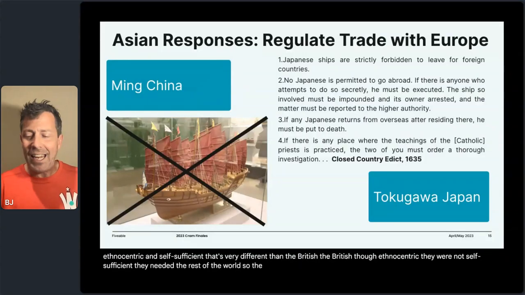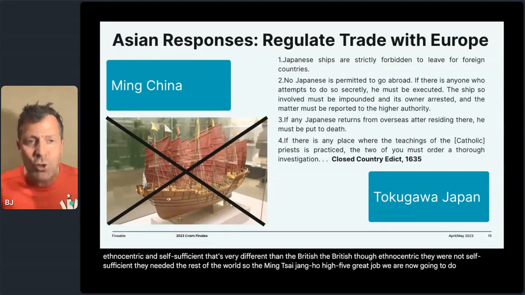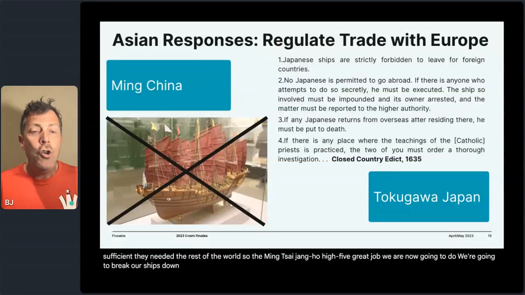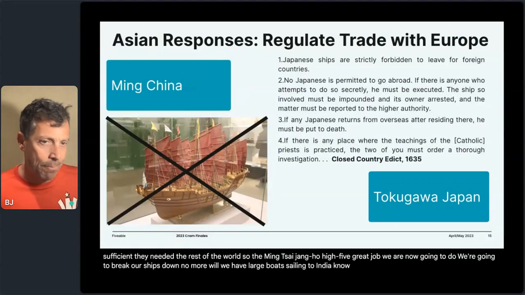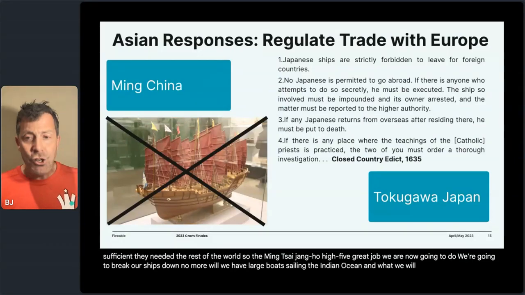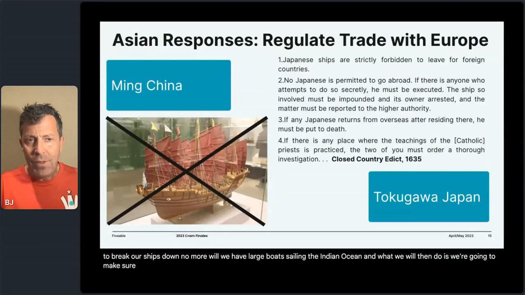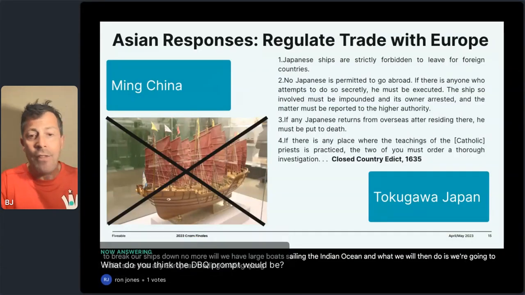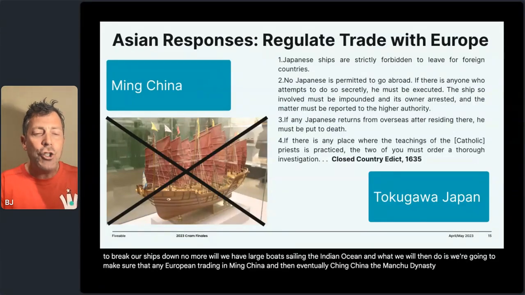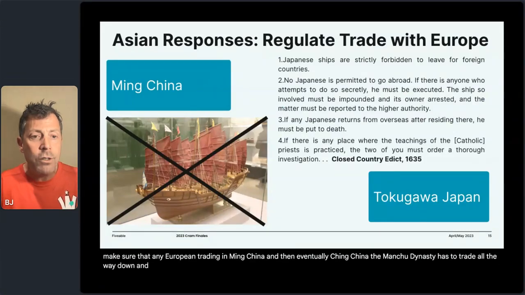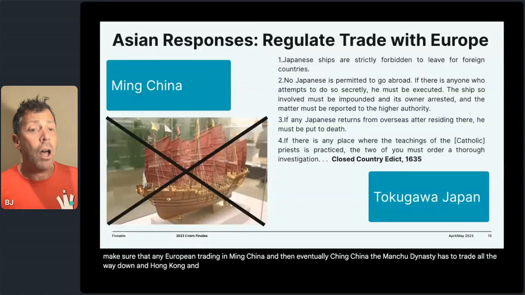They needed the rest of the world. So the Ming say, Zheng He, high five, great job. We are now going to dismantle our navy. We're going to break our ships down. No more will we have large boats sailing the Indian Ocean. And what we will then do is we're going to make sure that any European trading in Ming China and then eventually Qing China, the Manchu dynasty, has to trade all the way down in Hong Kong and Canton.